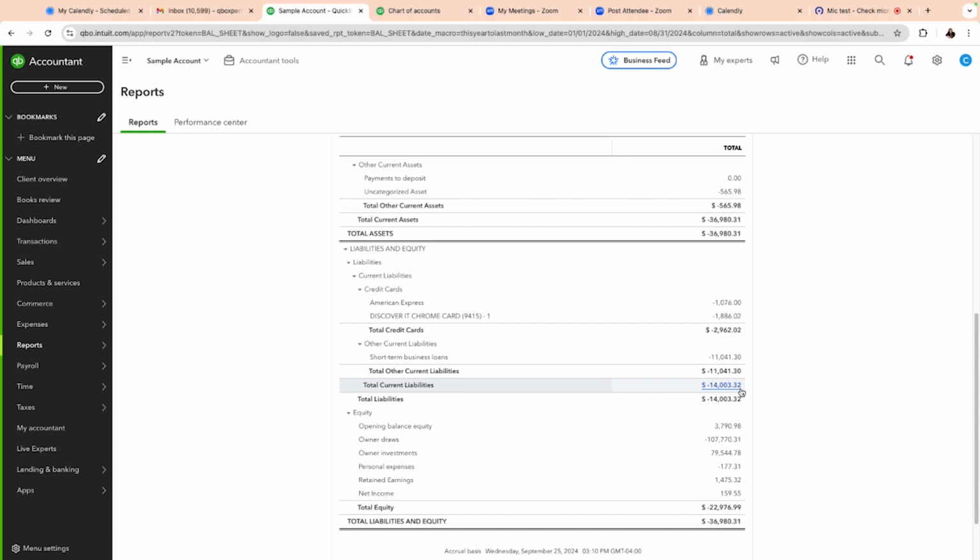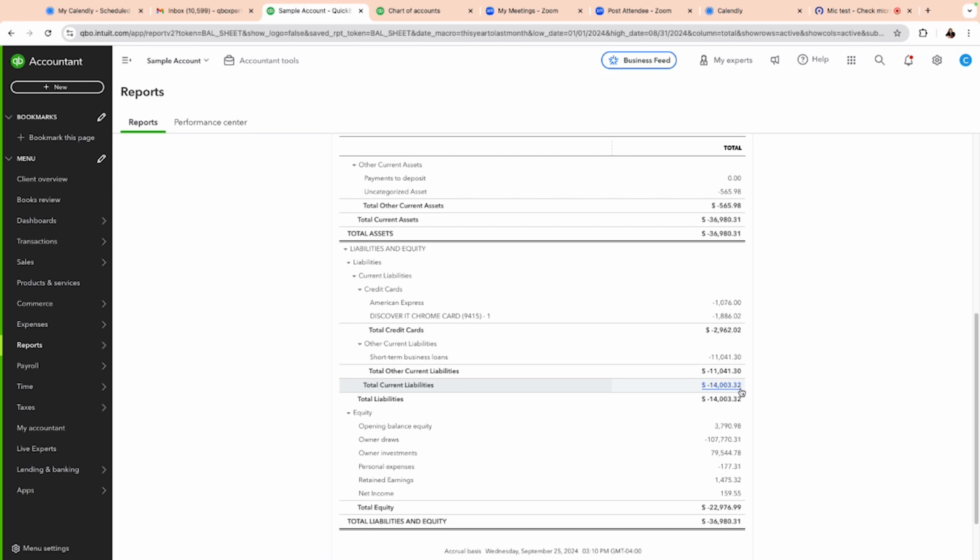I like to go over the owner's draw or the personal expenses with my client, because a lot of times they may be making purchases. I think I categorize it as owner's draw and it's correct, but they say no, this is actually a business expense, and we can change that. And what goes into owner's draw and personal expenses is only expenses that are not related to the business.